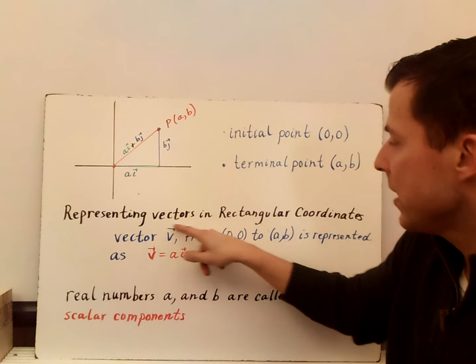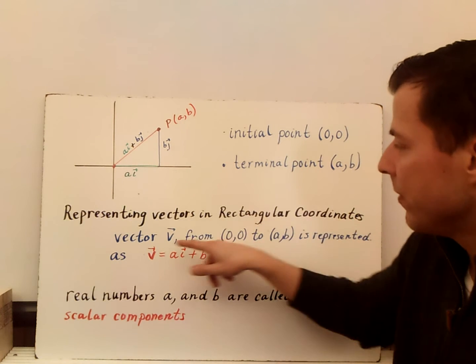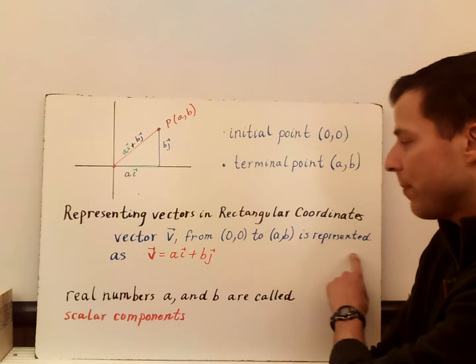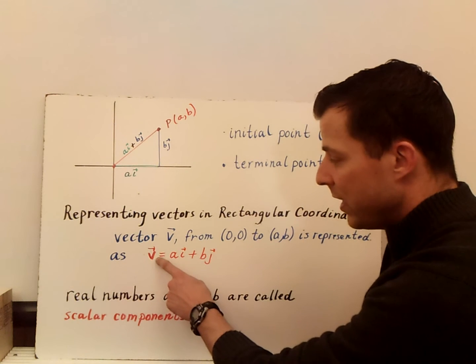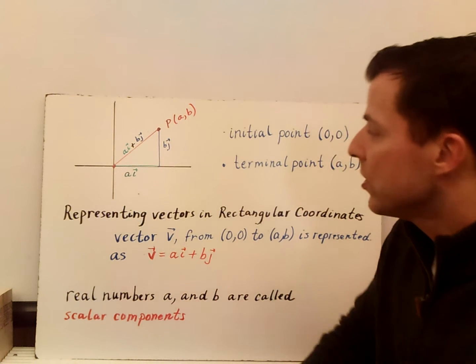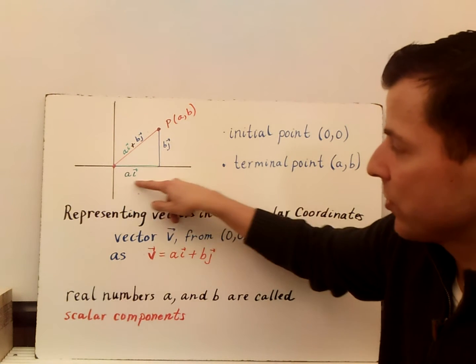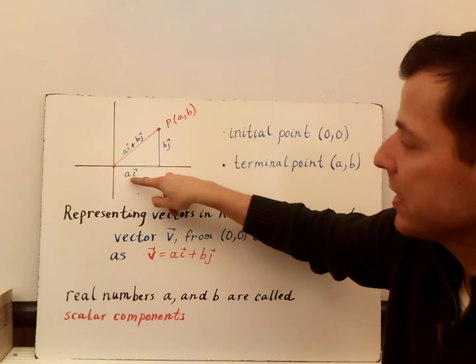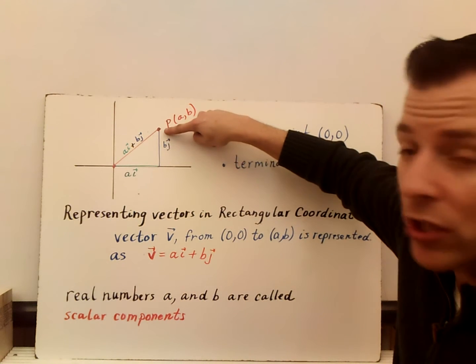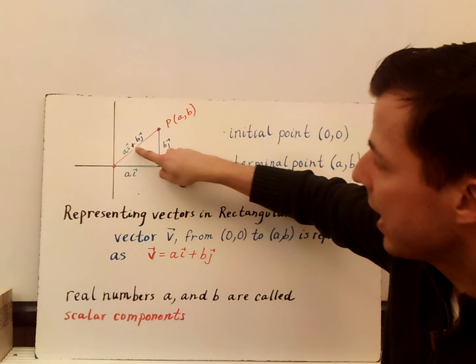So representing vectors in the rectangular coordinate system, vector v from (0, 0) to (a, b) is represented as v equals a times i plus b times vector j. So a and b are numbers, they're scalars. So it's whatever a is times the unit vector over this way, and up b times vector j. That's going to give you the combination here.